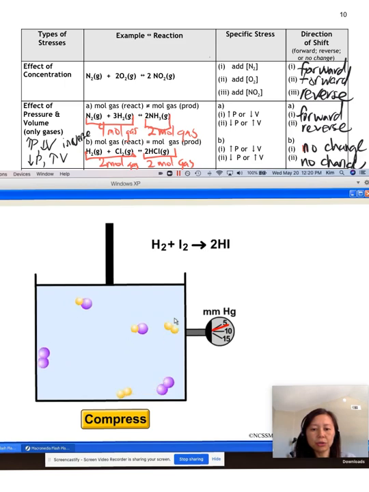There are 2 hydrogens and 2 iodines. And of course, you also see some products, which are the HI gas particles, and it looks like there are 2 of them. So notice 2 of everything: 2 hydrogen, 2 iodine, and 2 hydrogen iodide particles as gases.